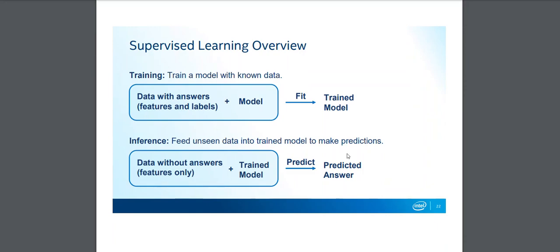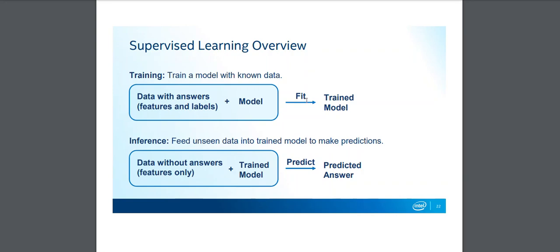So we're talking about supervised learning. Train a model with known values. We've got data with known values. We've got a model. We fit that together and we come up with a trained model. Now, this is not something I'm going to dig deep into.